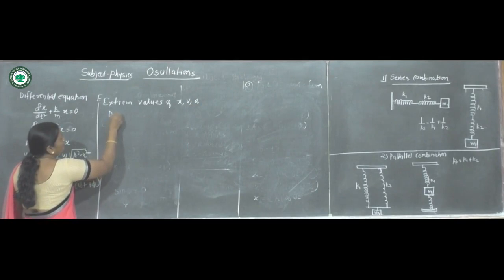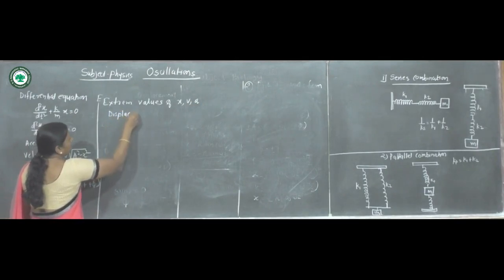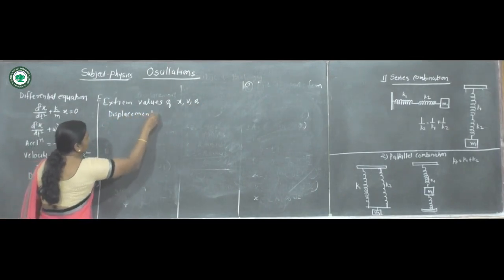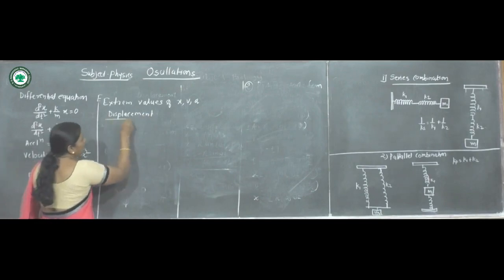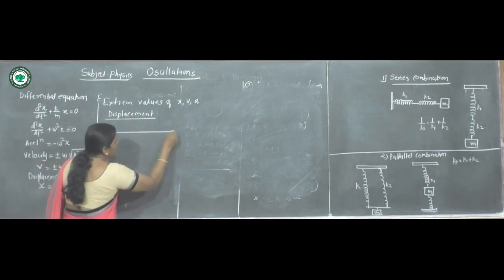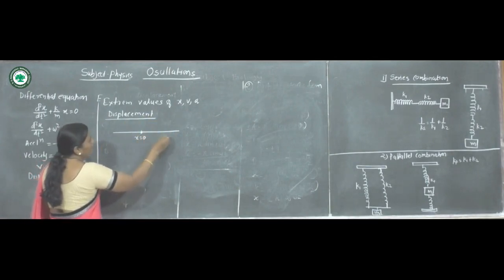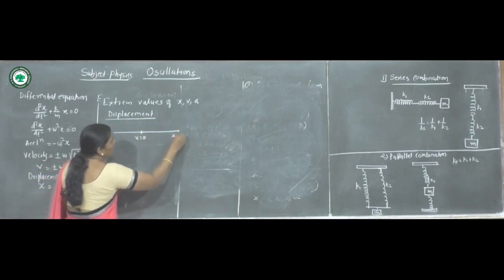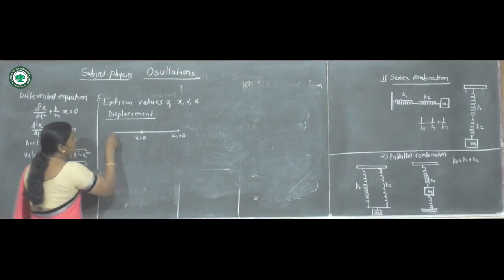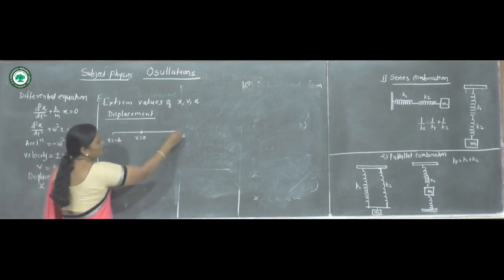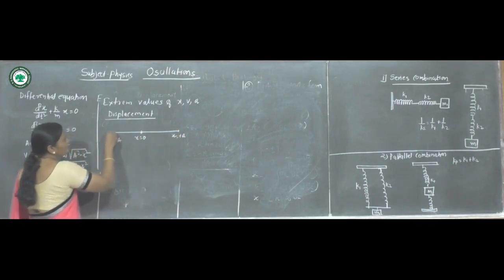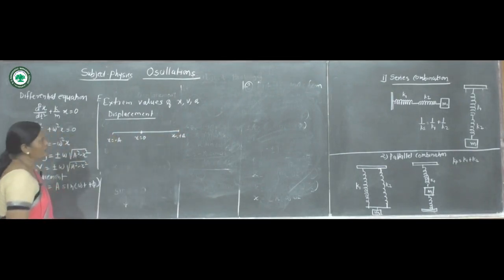Suppose the particle is at origin, that is x is equal to 0 here, and x is equal to plus a and x is equal to minus a. The origin is called the mean position, and plus a and minus a are called extreme positions.